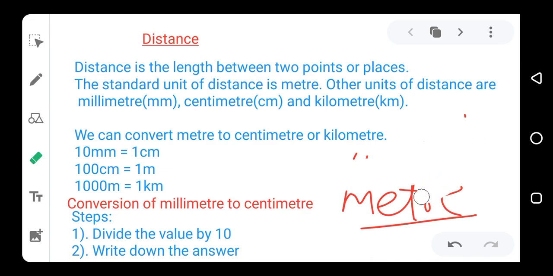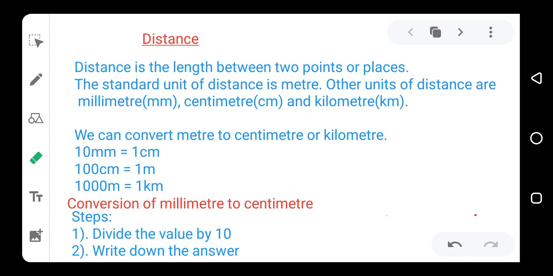Now we have other units for distance apart from meter. Meter is the standard one that everybody around the world knows. That is the one that is agreed by everybody to be used. Every country knows that the meter is the standard.